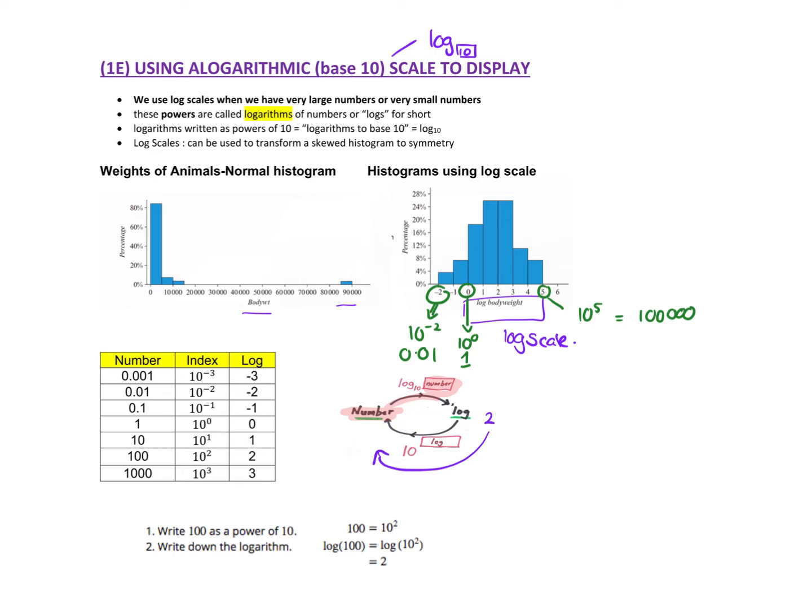You've got your calculators, and you're most likely just reading a scale on a histogram like that, and it will condense the data. So let's have a look at the next page.